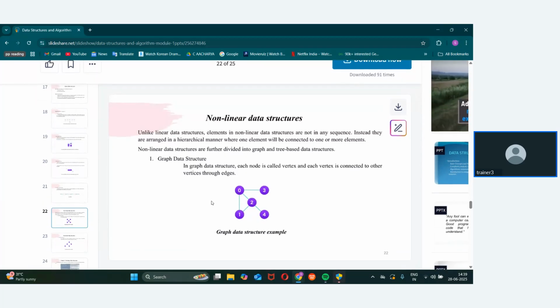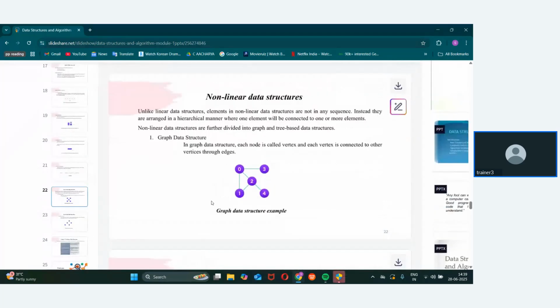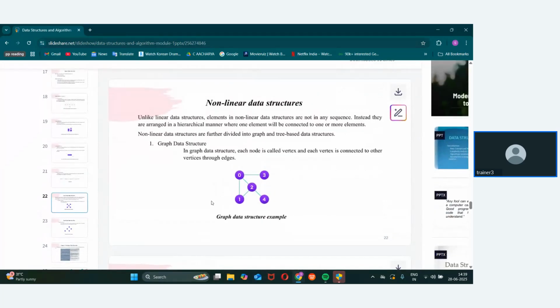Yeah, so graph data structure. In graph data structure, each node is called a vertex and each vertex is connected to other vertices through edges. So this is a node, and we also call it a vertex, and this vertex is connected to other nodes using these edges.